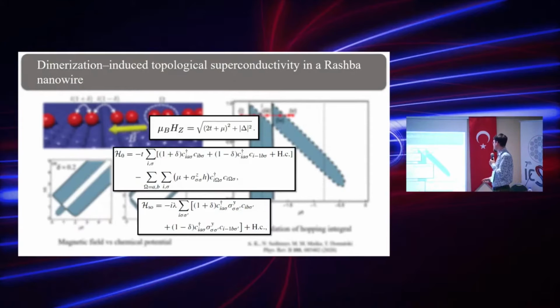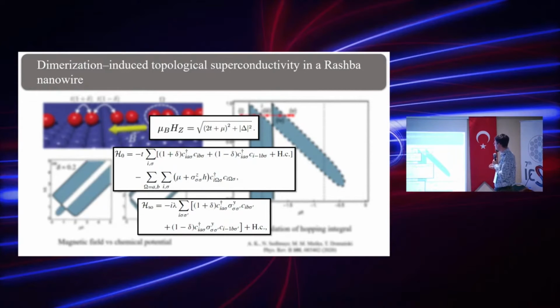As for the dimerized part, when we look for the topological transition, we have this condition that I spoke about earlier. And these three parts, magnetic field, chemical potential, and gap size, were usually changed in some papers.